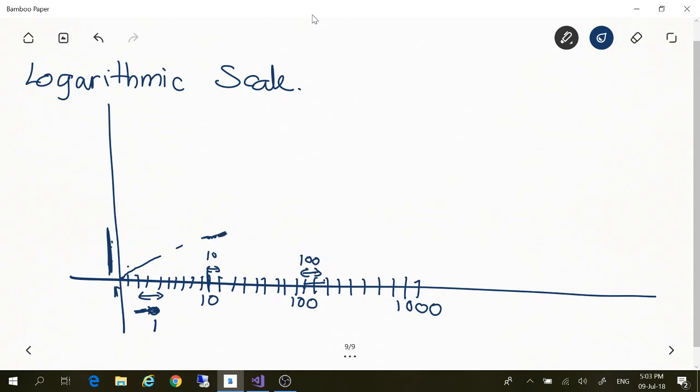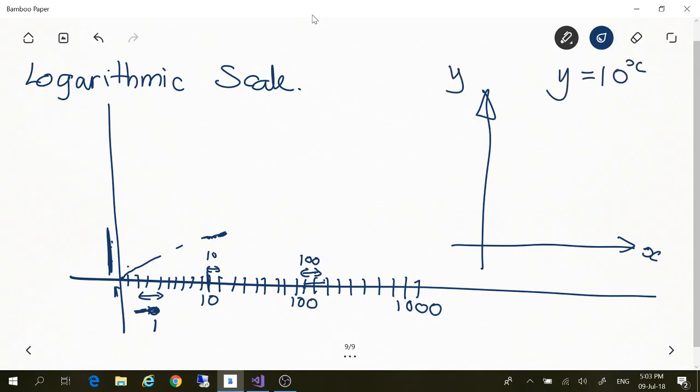increase of this. So if we were to plot this in reverse, not the x-axis, but now the y-axis itself. Okay, let's try. We start from 1 first. The origin is 1.